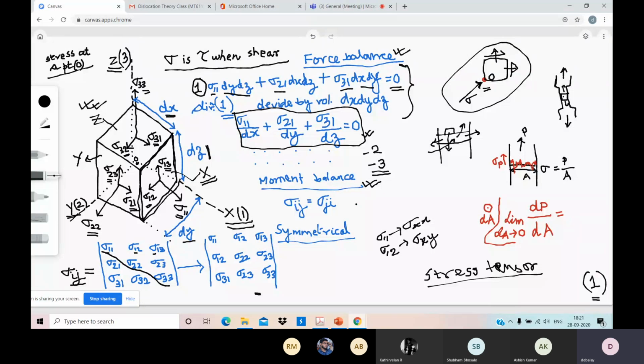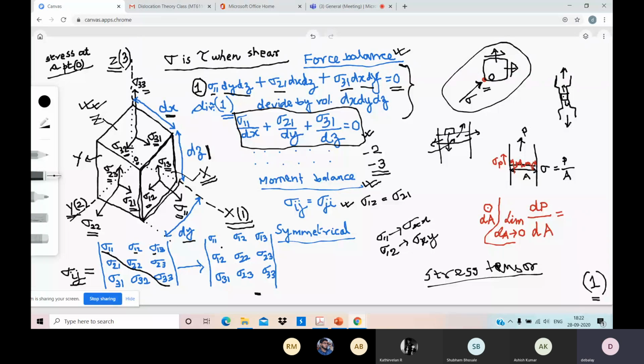You may do that moment balance as a part of your exercise. The answer that we get is sigma ij equal to sigma ji. That means sigma 1 2 is equal to sigma 2 1. Similarly, we get sigma 1 3 equal to sigma 3 1 and sigma 2 3 equal to sigma 3 2.